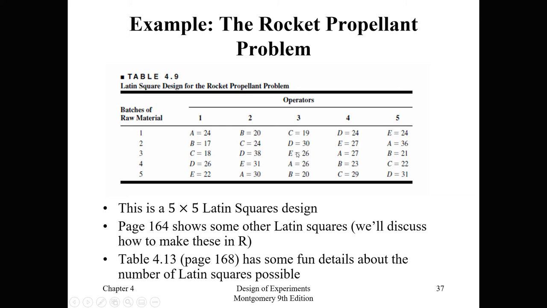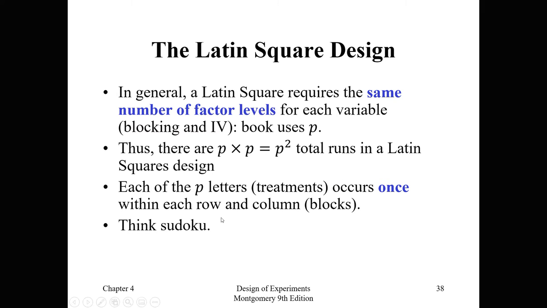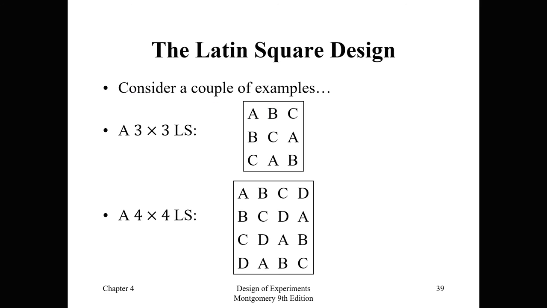You can pick any of the rows and columns, and that should be the case: this E should appear only once in the third row, and only once in the third column. So when you're thinking about this, think like a Sudoku puzzle, where you could only have a single number in any given row and column. That's a really good way to think about how those letters are going to occur. Now the rows and columns are pretty straightforward because that's what we've been doing before. But adding this letters component to add the third dimension is definitely a little different.